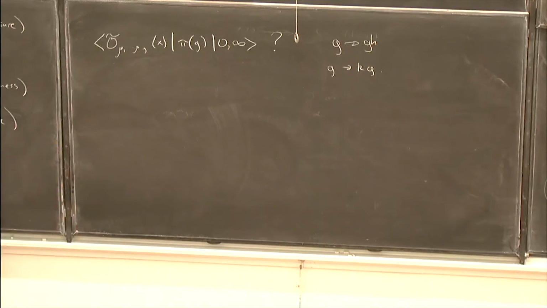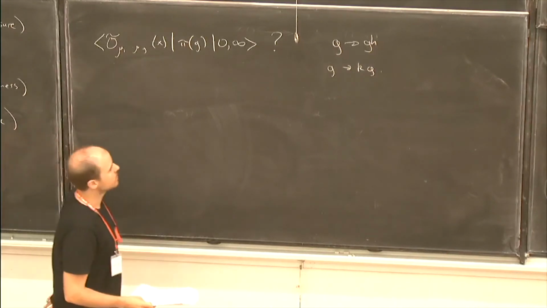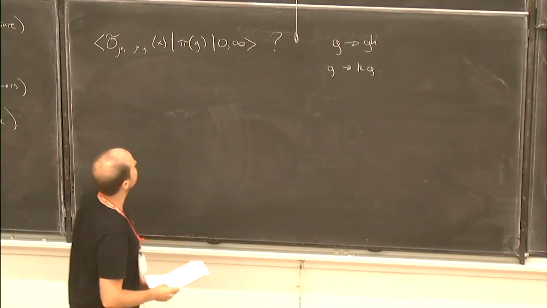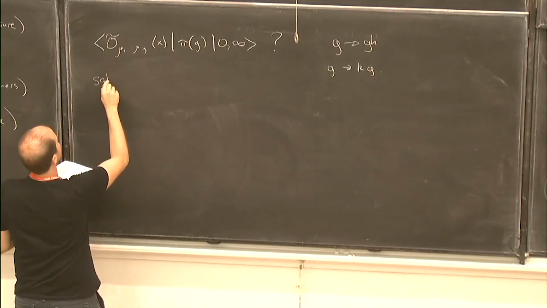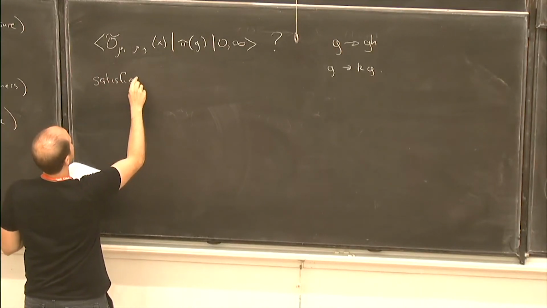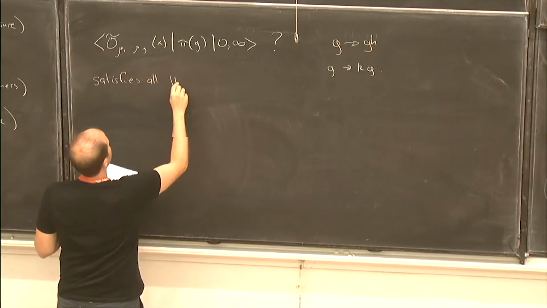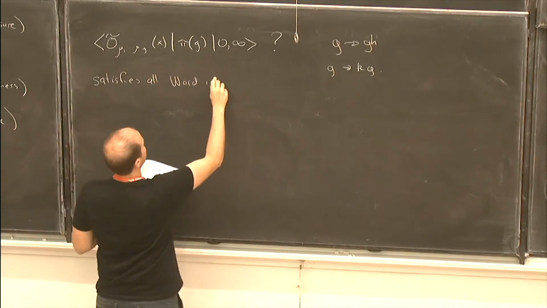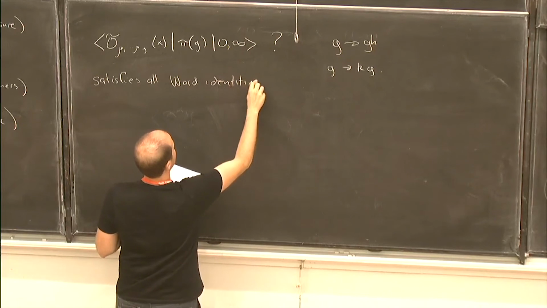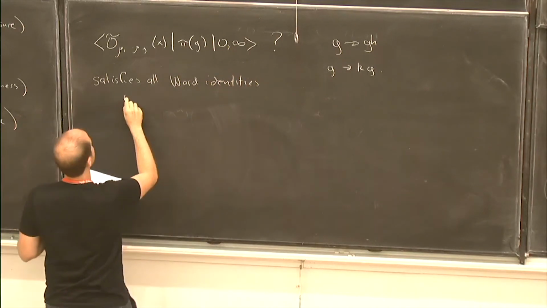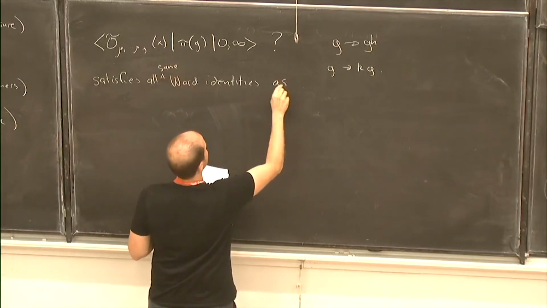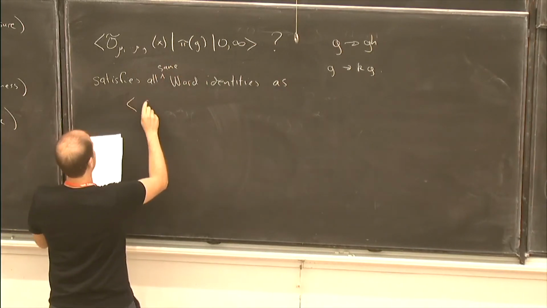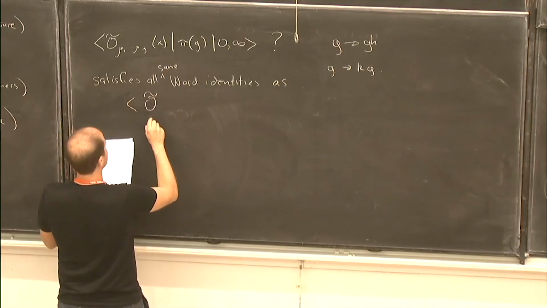And that transforms like a primary operator in the indicated representation. So you can study different types of group elements and convince yourself that this thing basically satisfies all the same Ward identities as a fictitious 3-point function.